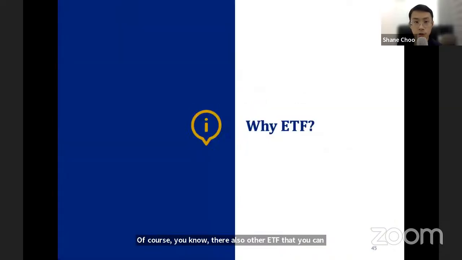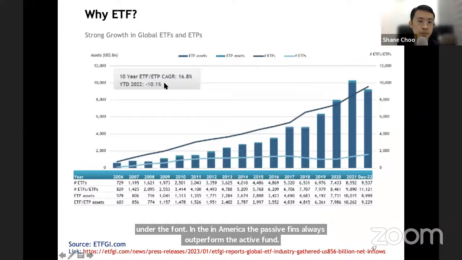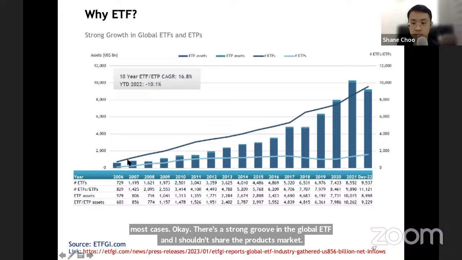Before I conclude, let's quickly sum up why you should consider ETF. Because 99% of the actively managed US equity funds underperform. In America, the passive funds outperform the active funds in most cases. There's strong growth in the global ETF and exchange traded products market for the past more than 10 years.